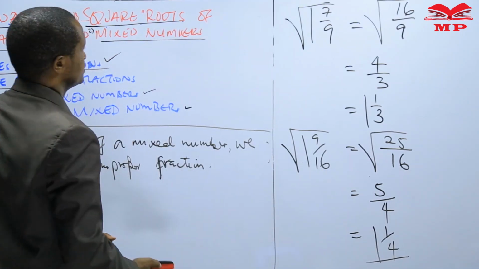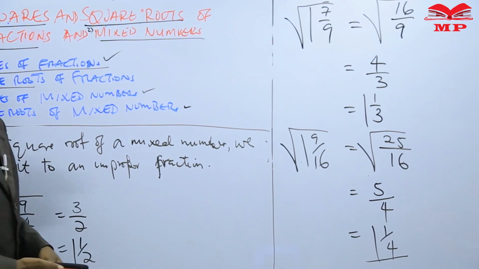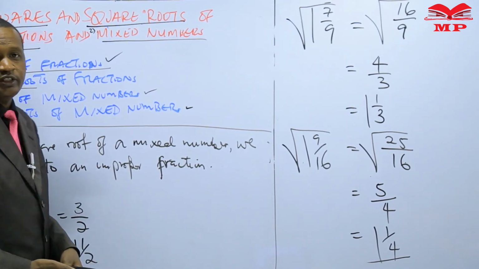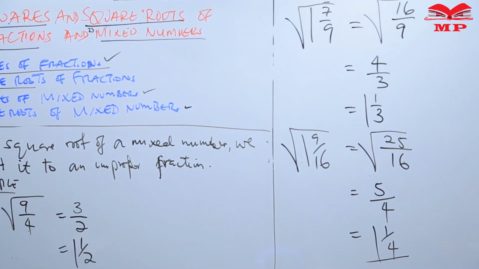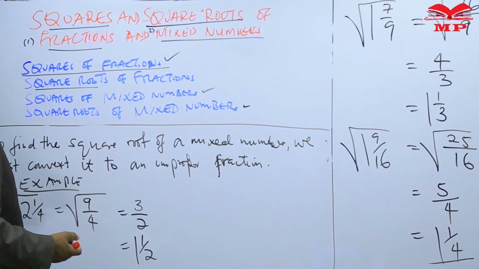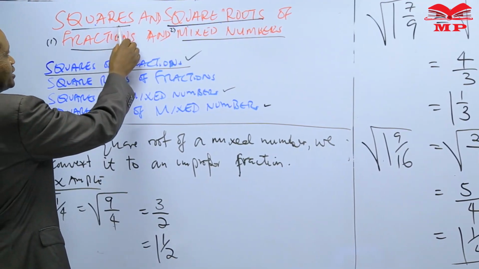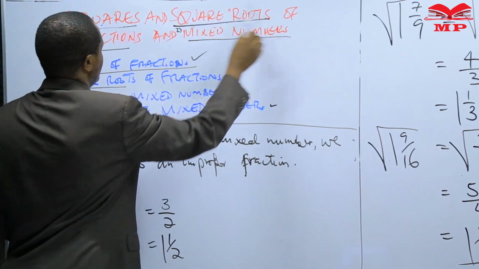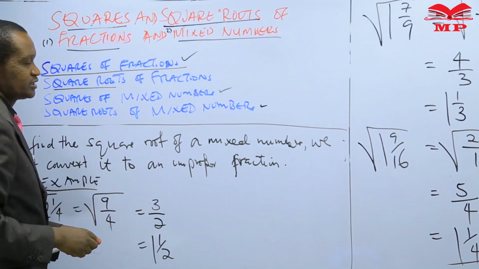So that is very important. That is what we embarked to do today. So we have come to the end. And what have we learned? We have learned together how to calculate or work out squares and square roots of fractions and mixed numbers.